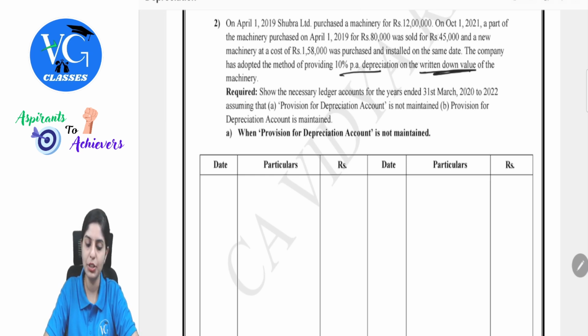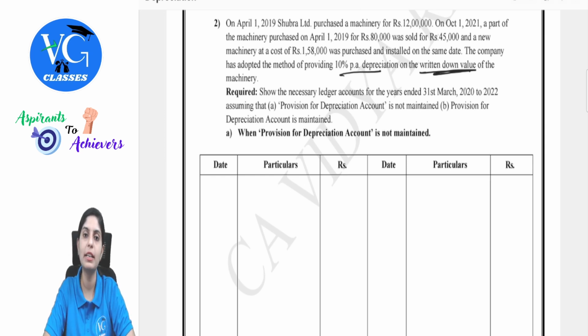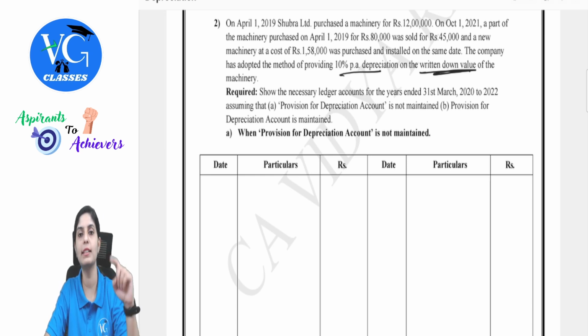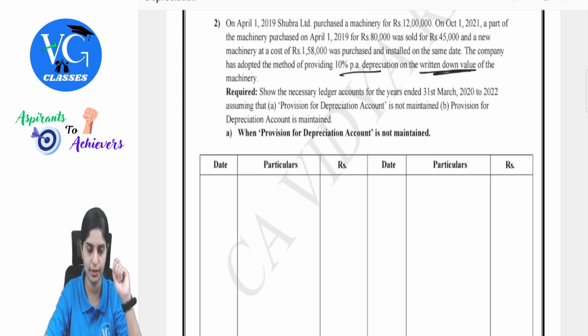Show the necessary ledger accounts for the year ended 31st March 2020 to 2022, assuming that provision for depreciation account is not maintained. That means whatever depreciation is there, we will record it with the asset account itself. Provision for depreciation account is maintained. So then depreciation will be treated through provision for depreciation. Asset account will be shown at historical cost.